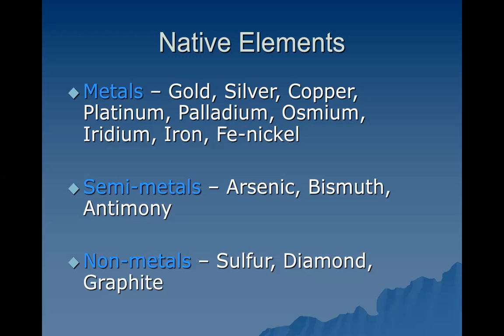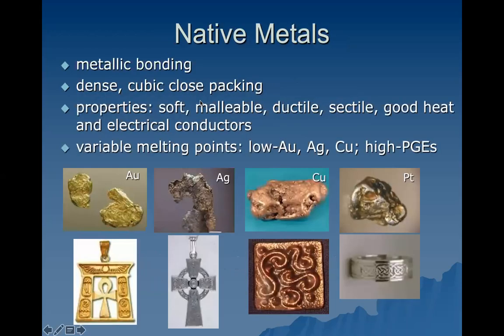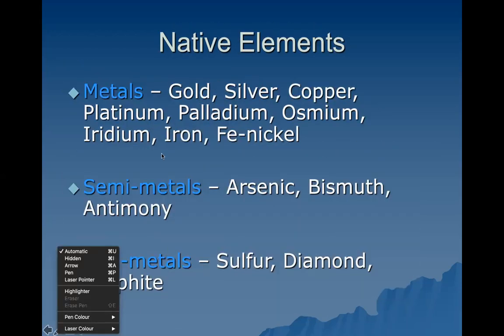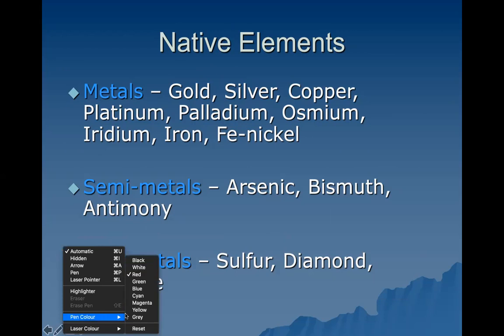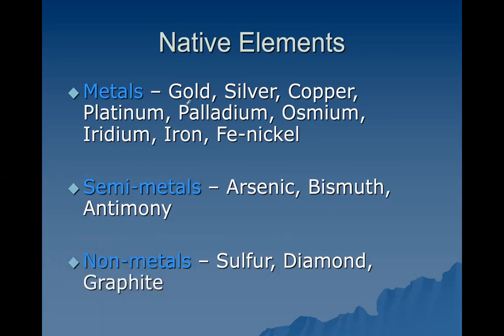So native elements means the minerals which occur as elements, in the pure form of elements. So examples are gold, silver, copper, platinum, palladium, osmium, iridium, iron, and iron nickel.